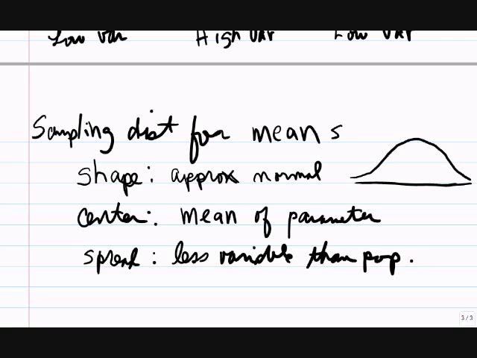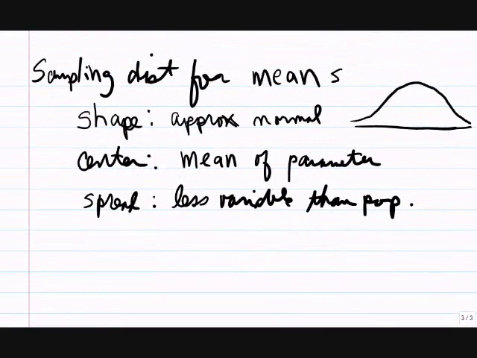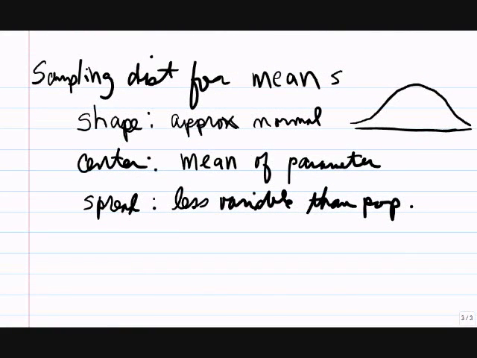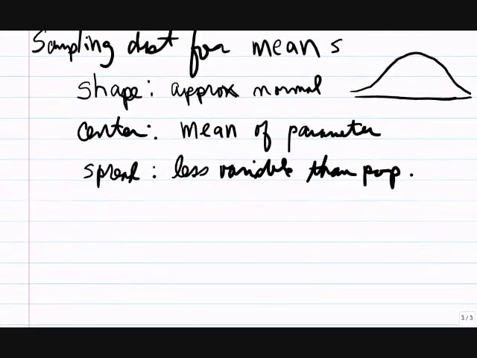Alright, so we are not just going to look at sampling distributions for means. We're also going to look at sampling distributions for proportions. These will be our two basic ones to try to analyze this year.